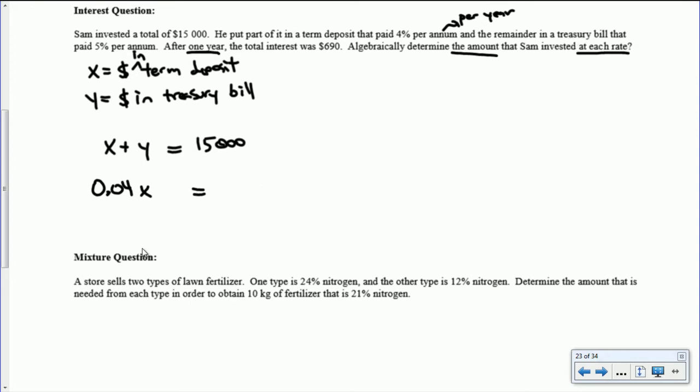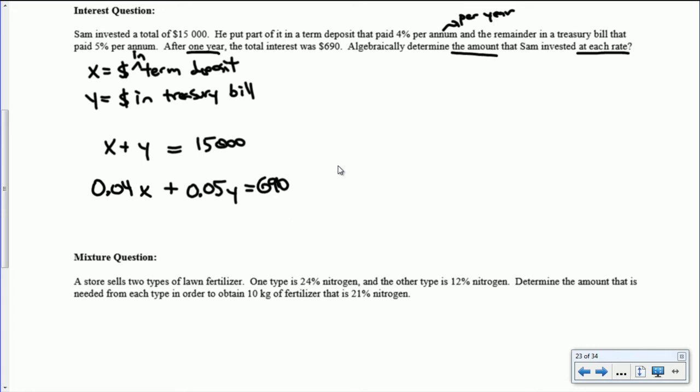Now, if it was purely treasury bill, he'd make 5% of that amount. So supposing it was total $15,000 all in treasury bill, 5% of $15,000 is $750. So that's a little bit more than is suggested in the question. So the actual answer will be somewhere in the middle. So 5% on the treasury bill. So these two combine to make a total of $690.